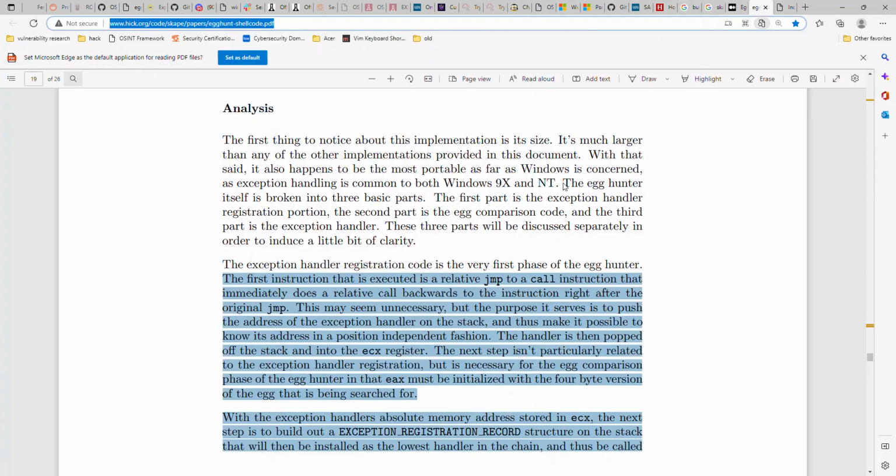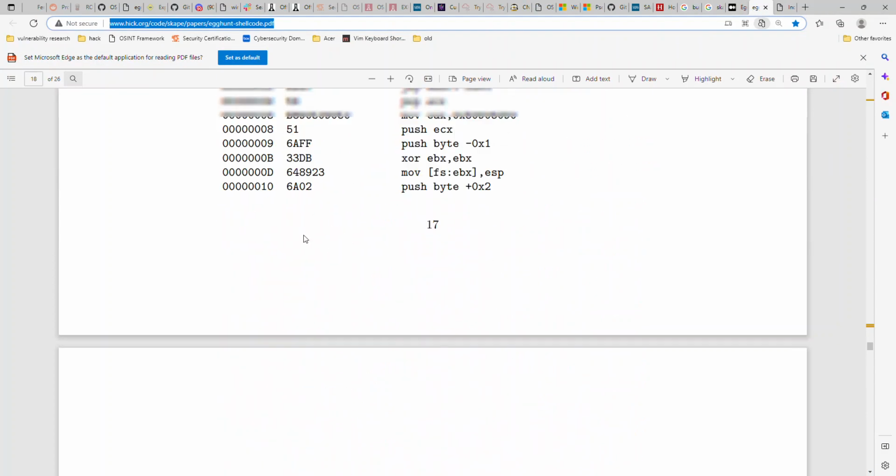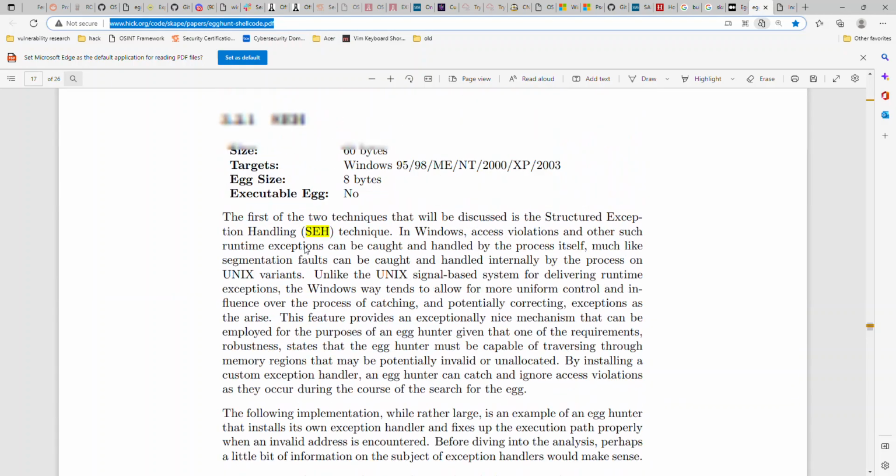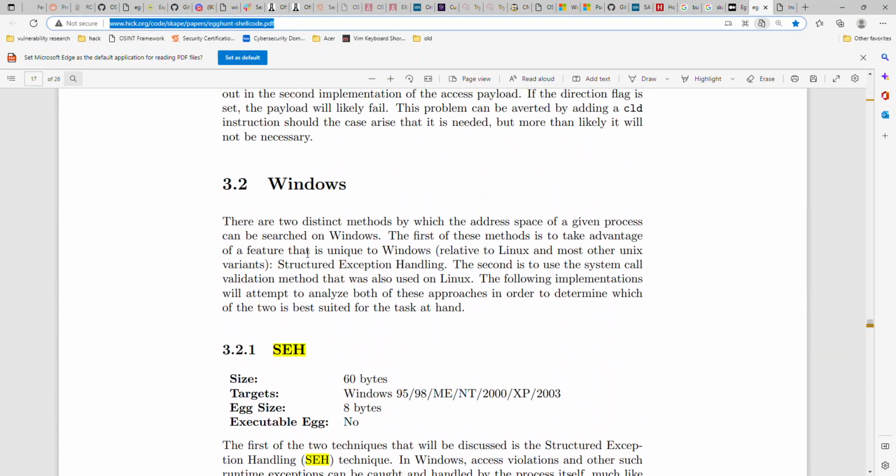Maybe I should explain a little bit about what's happening here. The egg hunter method to inject the shellcode is like a stage 1 and stage 2.